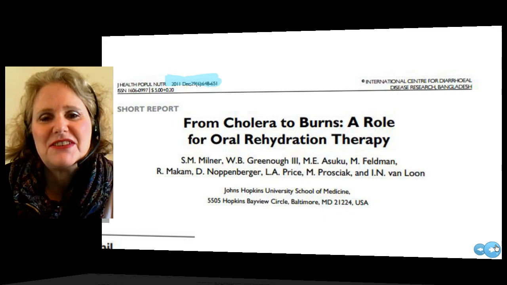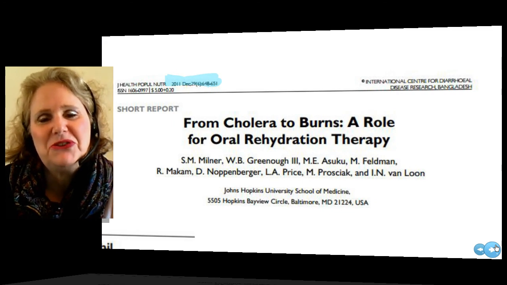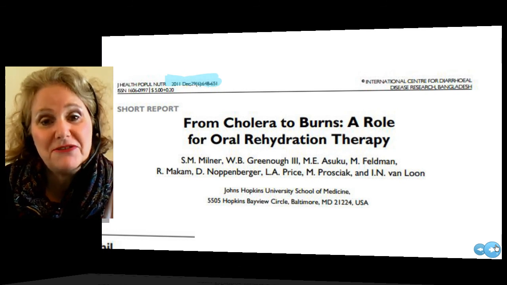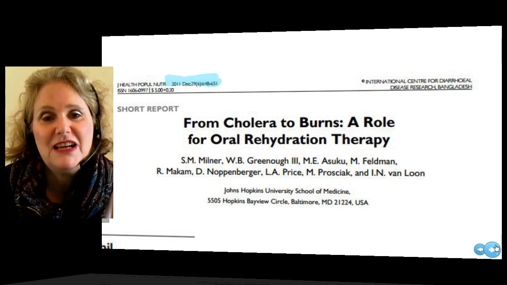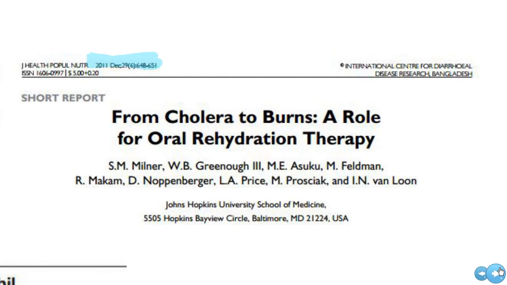Now, it's not just gastrointestinal physicians anymore who are using oral rehydration therapy. It's starting to broaden out into other fields of human medicine. And this study was published just last December in a group of burn patients. Now, a small group, mind you, it's only a handful, but these patients were started on IV fluids as usual.